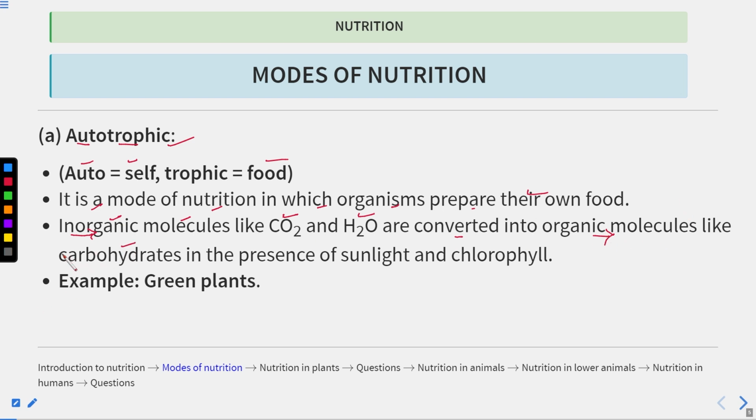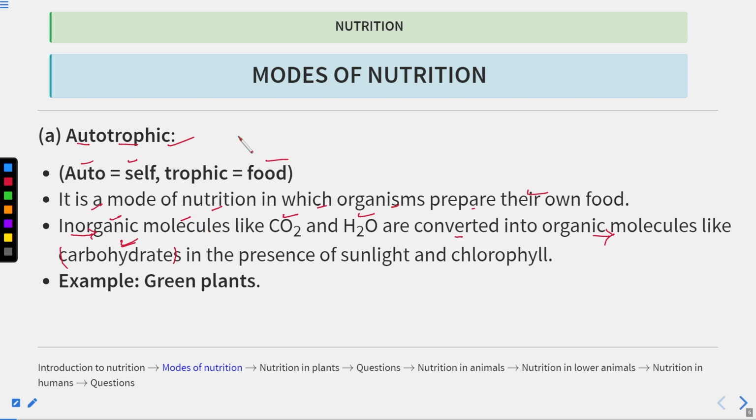Carbohydrates, and some other organic molecules also like proteins and fats, but usually carbohydrates are formed. During photosynthesis, as you must be knowing, glucose molecules are produced, which is a kind of carbohydrate. Later, carbohydrate can be converted into other kinds of organic molecules.